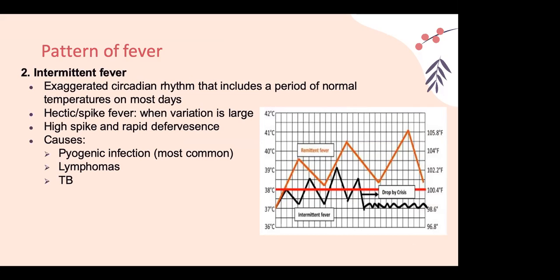As you can see on the picture, there is a black line that indicates intermittent fever, where the fever occurs and then goes down to the normal temperature and then the fever occurs again. So it has a high spike and rapid effervescence. It can be caused by pathogenic infection, lymphoma, and TB.